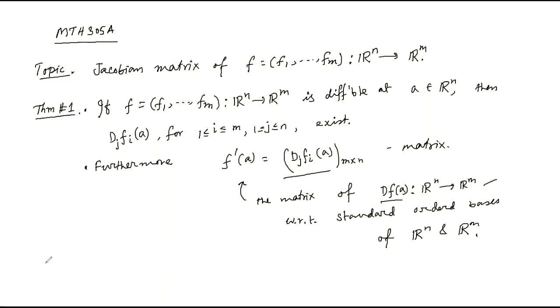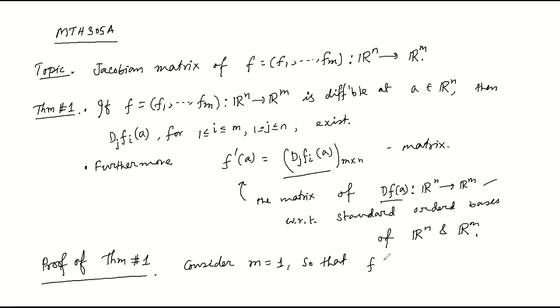So well, now we prove this theorem, proof of theorem 1. First we prove the theorem for the special case m equal to 1. So suppose m equal to 1, so that the function f is from Rn to R, so real valued.